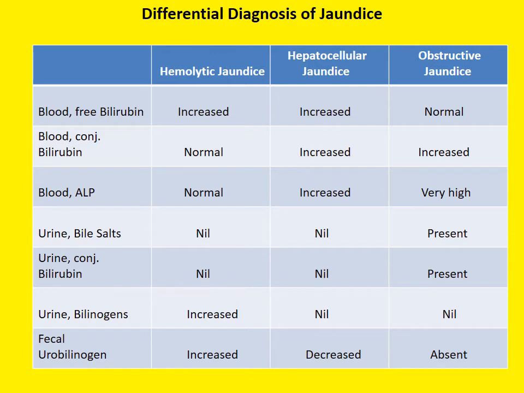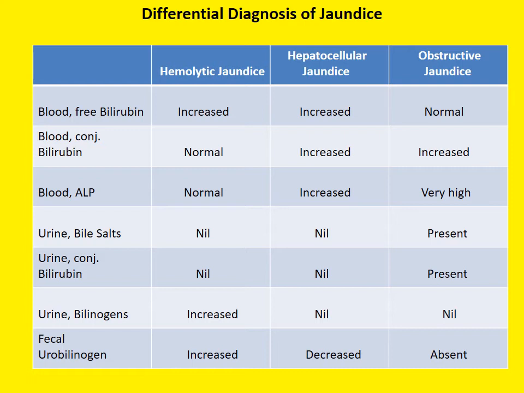Urine bile salts: in hemolytic jaundice nil, hepatocellular jaundice nil, obstructive jaundice present. Urine conjugated bilirubin: in hemolytic jaundice nil, hepatocellular jaundice nil, obstructive jaundice present.